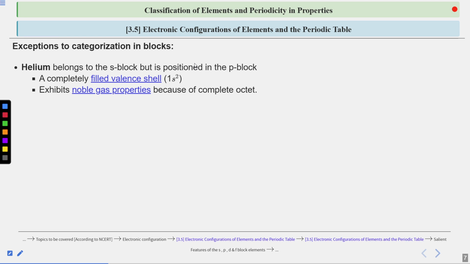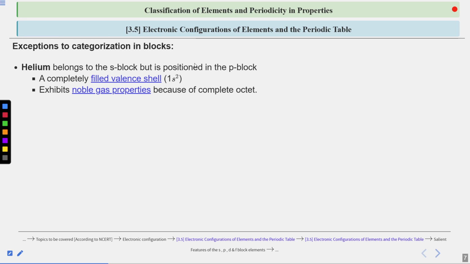But if you remember, what is helium gas? It is a noble gas. It also exhibits the property of the noble gas because of its complete octet. So it is not placed in the S block in the periodic table.